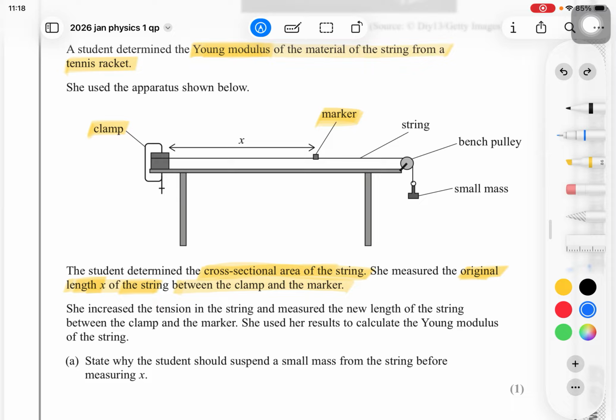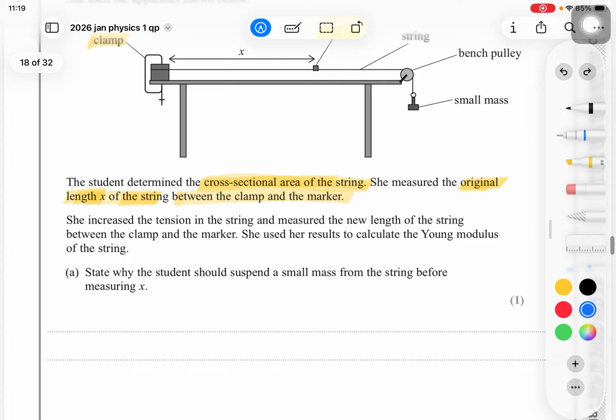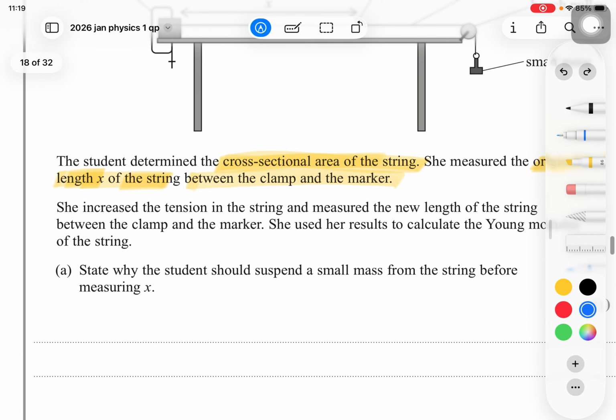So what we can write here is: to make the string straight and taut. So that is the reason that we have to do that.